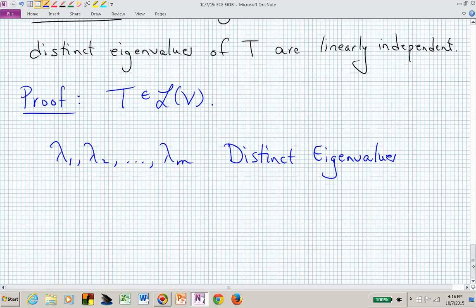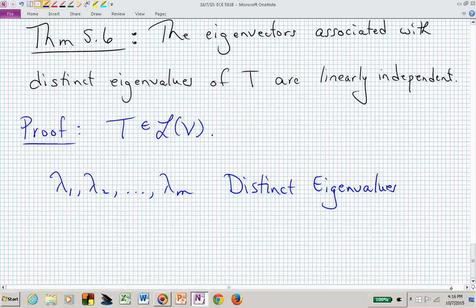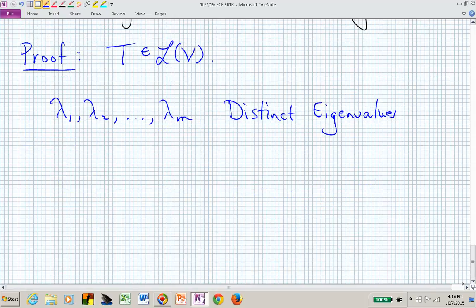We might actually have n for our dimension, but now we're just showing that if we have, let's just assume that we have m distinct eigenvalues. We might have some eigenvalues that are repeated. But for these that are distinct, we need to show that the corresponding eigenvectors for these eigenvalues are indeed linearly independent.